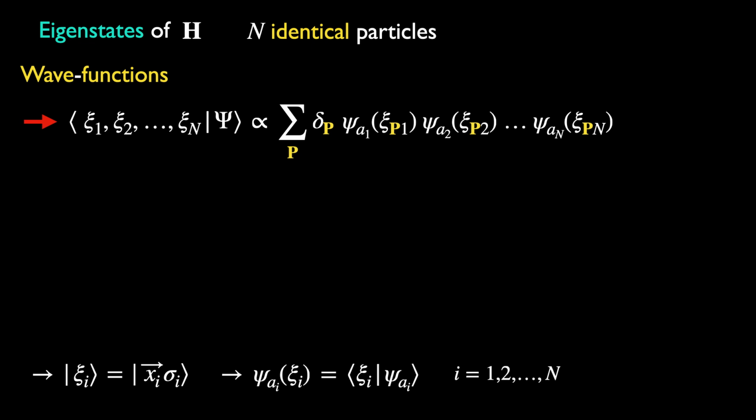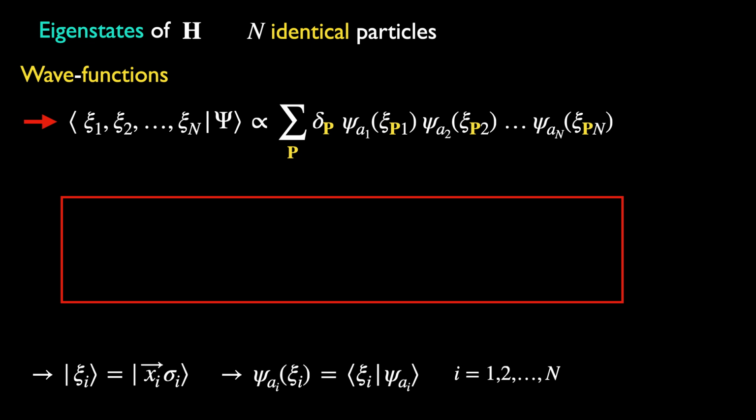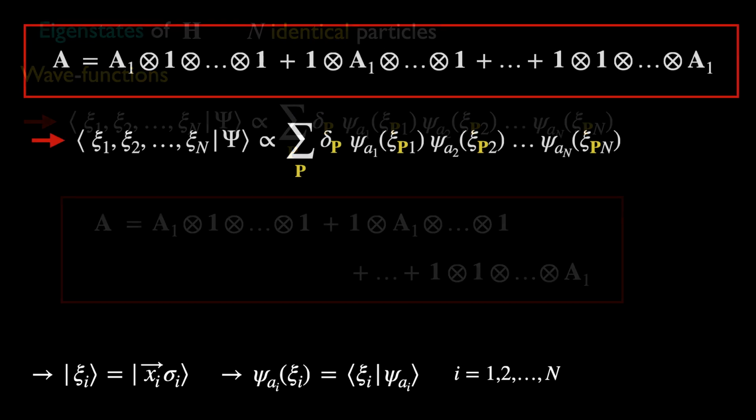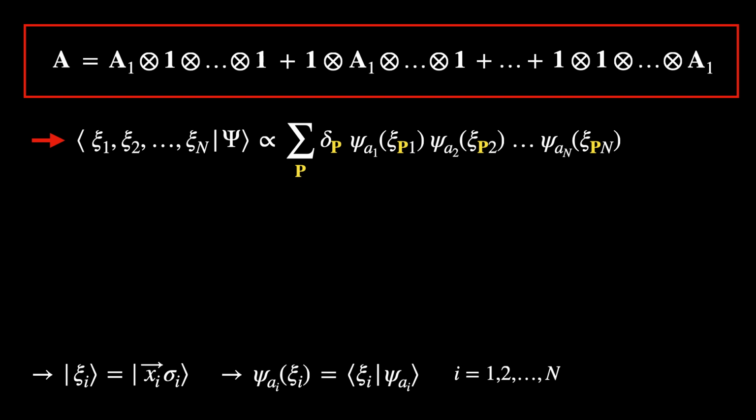How would operators in the n-particle state space act on this wave function? Let's go through a simple example that is particularly relevant. Let's look at an operator that acts on each particle separately, like our Hamiltonian from before. A is a single particle operator. Let's see how A acts on the wave function psi in the state space of xi.